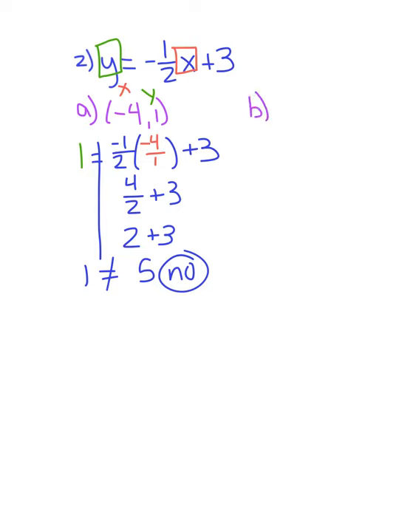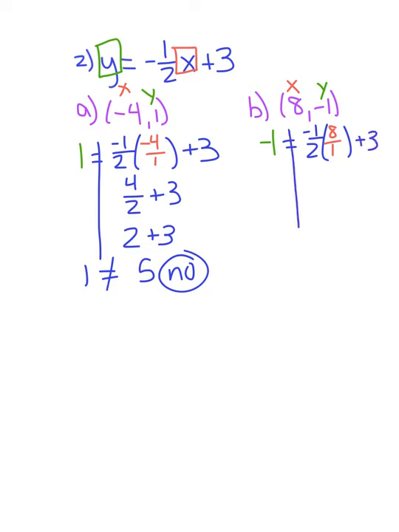All right, let's try another one. B. Let's try 8 comma negative 1. So here's my ordered pair. Make sure you put parentheses around that ordered pair. The x value is 8. The y value is negative 1. So starting with the y, I have negative 1 equals negative 1 over 2 times, put that as 8 over 1, so I'm multiplying it by a fraction, and then we're going to add 3 to that.